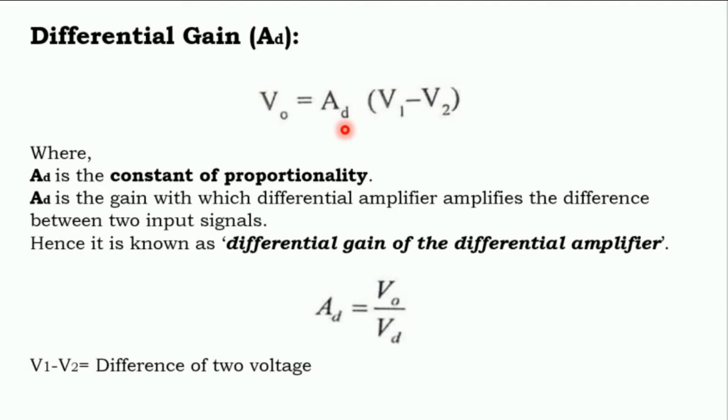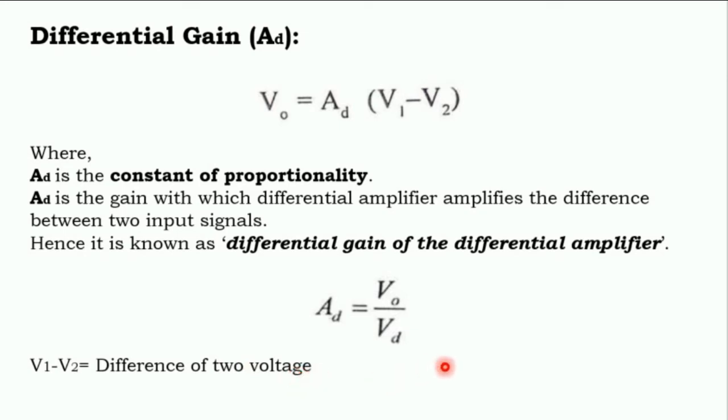I shared that video previously. Now we use two different inputs and amplify the difference between both inputs. This is called the differential gain, and it can be found by VO divided by VD, where VD is the difference of the two voltages, V1 minus V2.